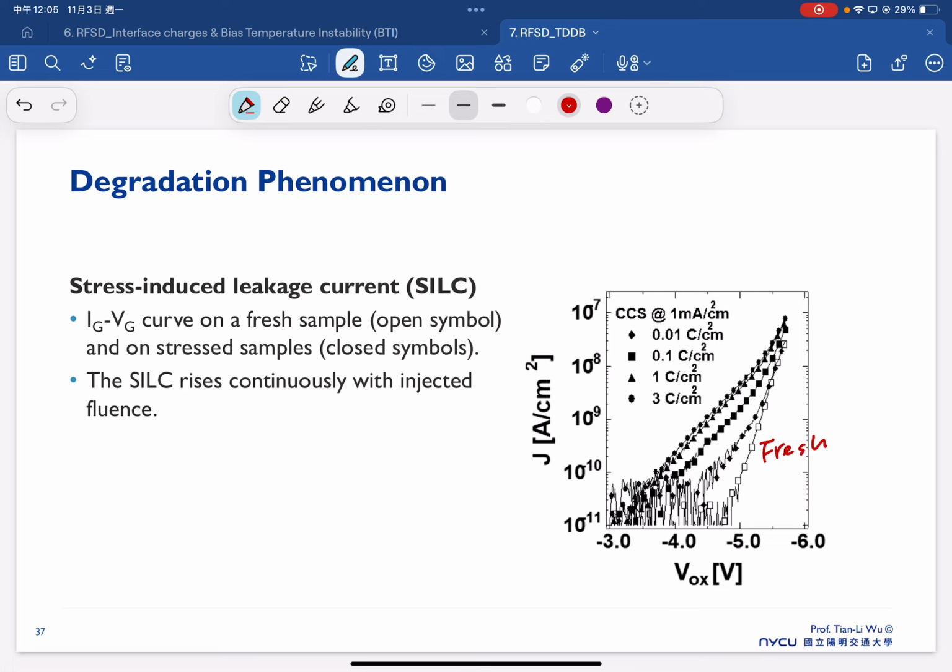And you can see that after each stress, the gate current starts to increase. This is mainly due to the stress-induced leakage current, which in this case is mainly due to the high injected fluence here. That means we inject a lot of charge, induce a lot of defects, and therefore our current is getting higher.